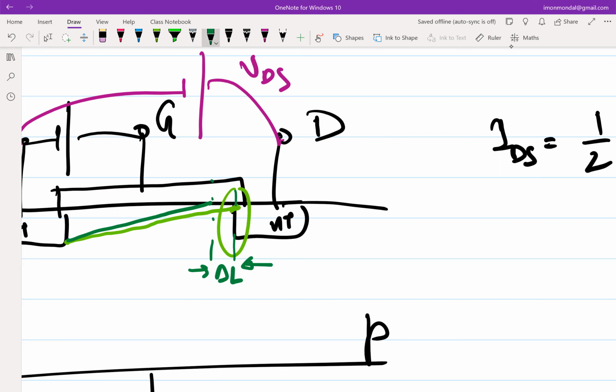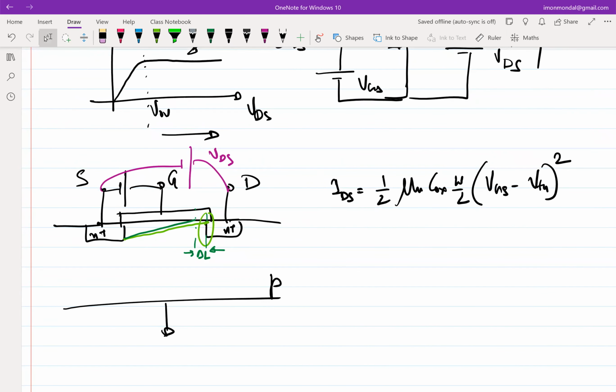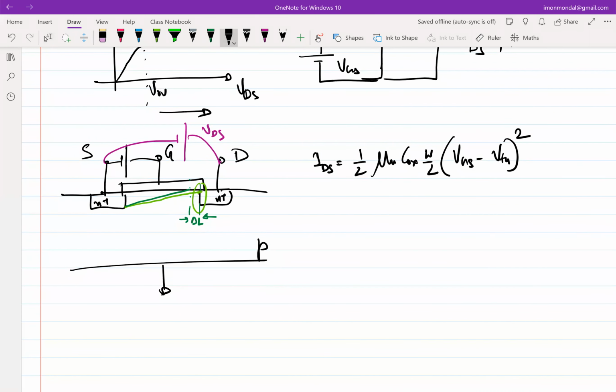And again, to a first order approximation, you can assume this delta L to be proportional to the VDS. Whatever extra VDS you have applied, delta L is proportional to that. So what device modeling engineers did, they said that this seems to be something we can definitely model, but we don't want this model to be too complicated for circuit designers, because we'll have to derive some intuition out of it.